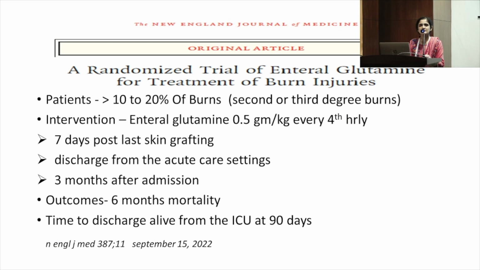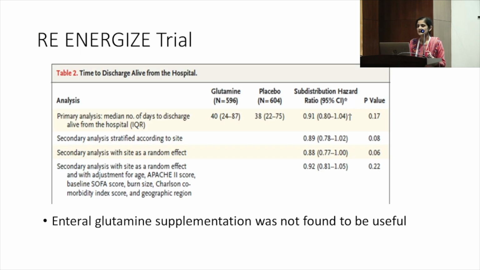This is the RE-ENERGIZE trial, which was published in 2022, which looked at the use of glutamine. Is it useful? None of the outcomes, primary as well as secondary, were different in the 2 groups. So glutamine has not been shown to be beneficial in patients with burns. You have to note it down: there is no indication for glutamine.